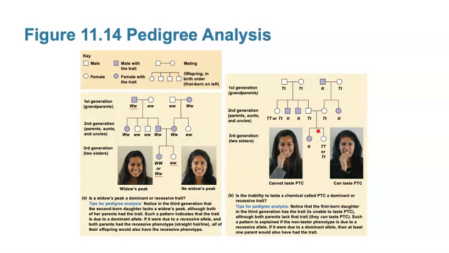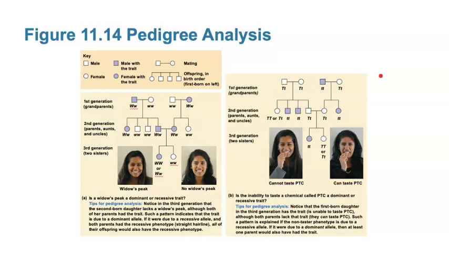Now, if we look over here, this is a very similar pedigree. In fact, the only difference between this pedigree and this pedigree is which boxes or circles are colored in. Right here in this grandparent line, this first box is colored in, and this one is not colored in.